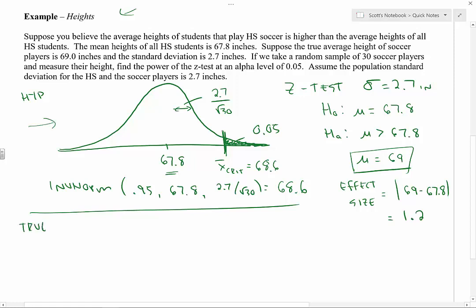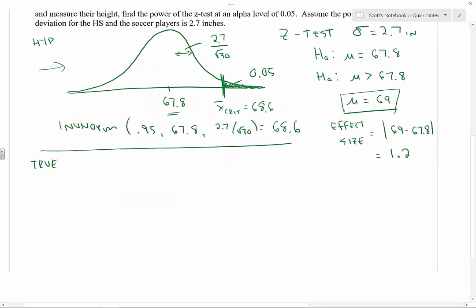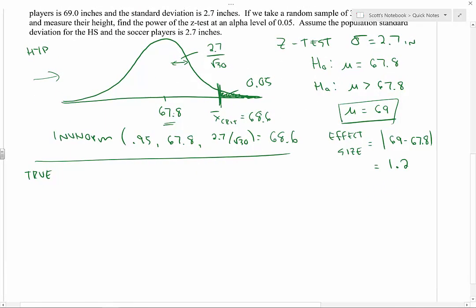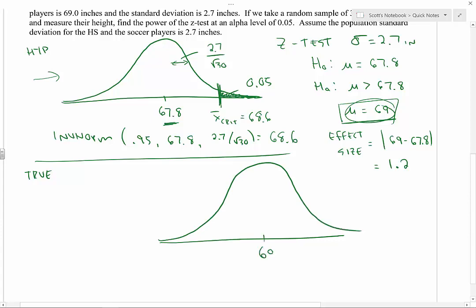So now let's take a look at the true distribution. The true distribution is not centered at 67.8 because this is the true value. It's actually centered at 69. The standard deviation of the sampling distribution of sample means is the same because this is a population standard deviation.